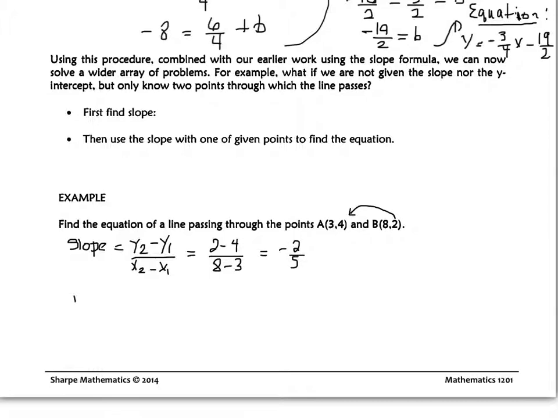So you would have y equals negative 2/5 x plus b so far, because you know the slope, but you don't know the y-intercept. So then you can use one of your points. So this will be step 1. Find your slope.